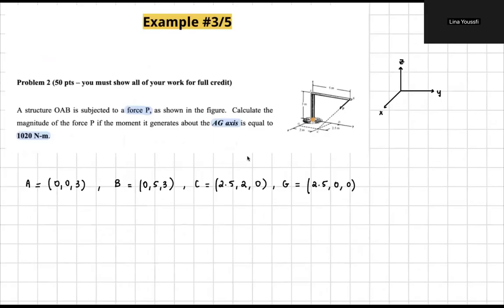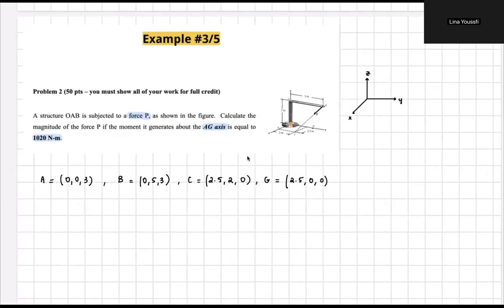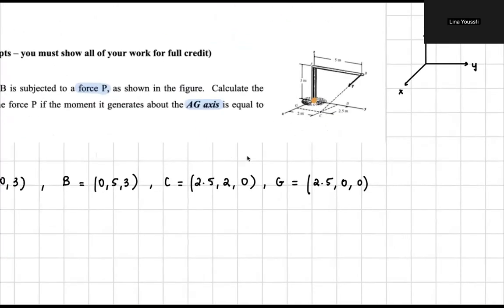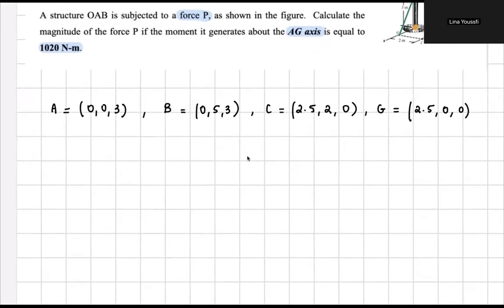Okay, so now that we have all of our points, the problem says calculate the magnitude of the force P if the moment it generates about the axis AG is equal to 1020 Newton meters. So we want to find this AG. First, we're going to solve for the unit vector AG: the coordinates divided by the magnitude of AG.